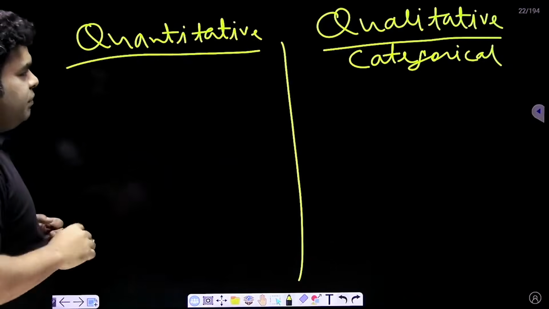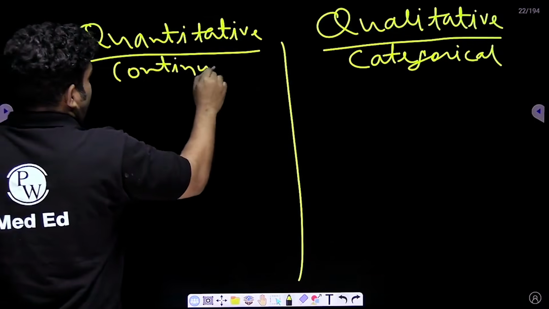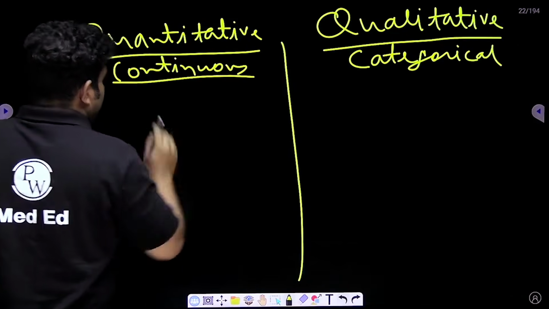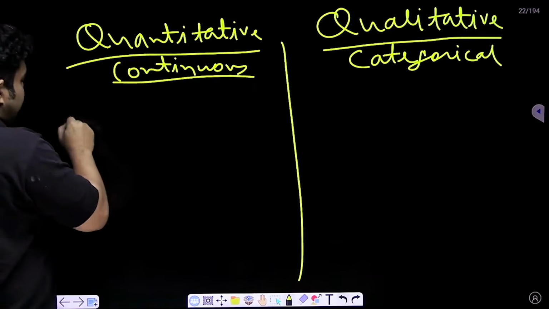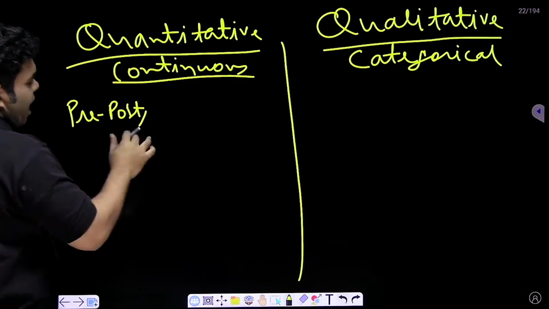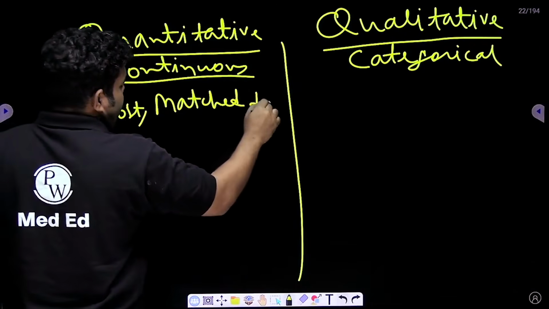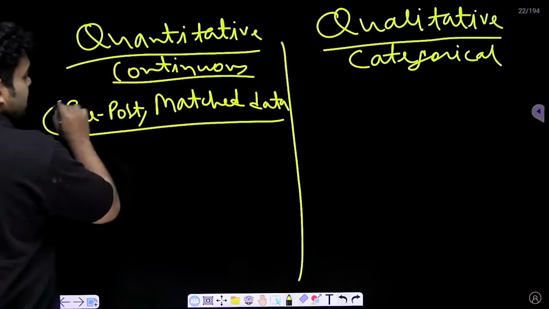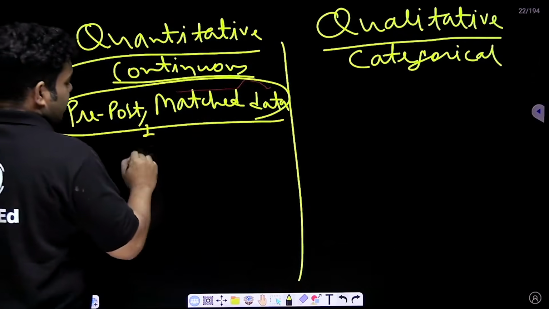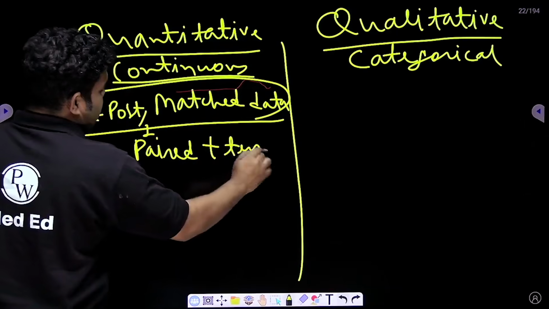So remember, if they are comparing quantitative, which is known as continuous, and in the question there is pre-post, before, after, or matched data, then in this case we apply the paired t-test. Paired t-test is for pre-post or matched data.